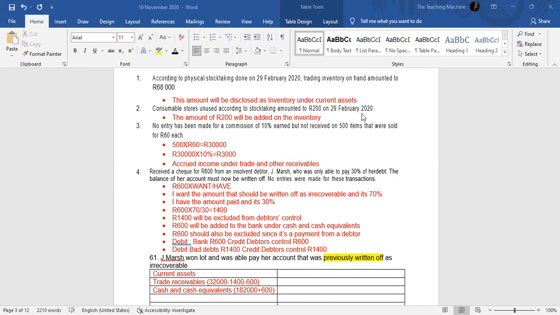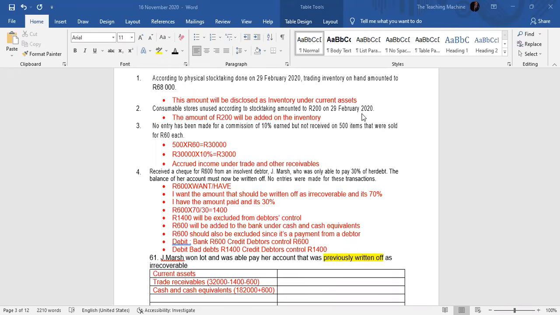Where will you record a bad debt recovered? A bad debt recovered will not be recorded in the statement of financial position. Now, bad debts recovered in terms of the elements, it fits into the criteria of income accounts.